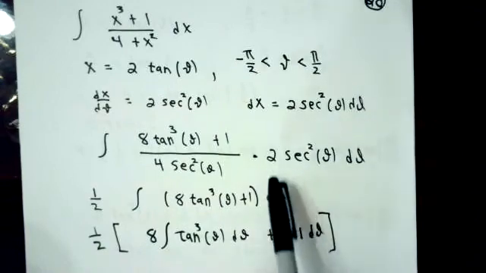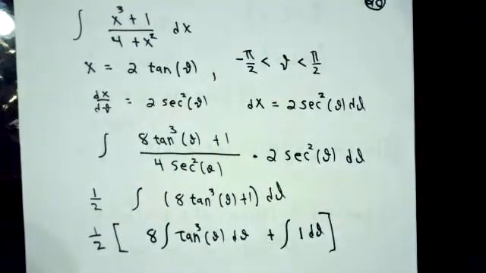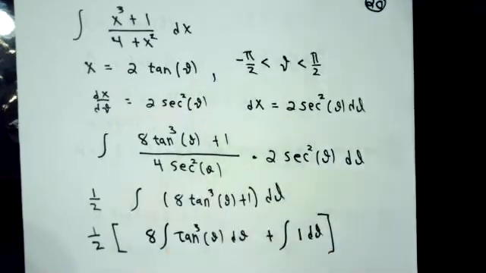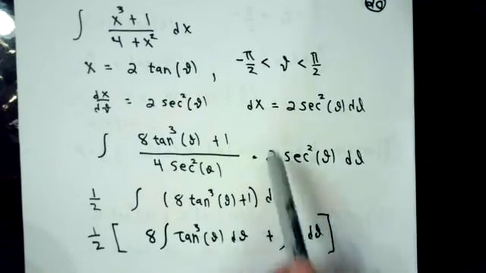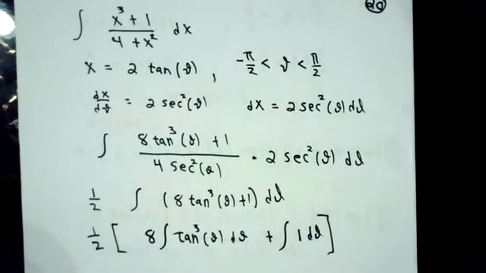The dx is 2 times secant squared of theta with respect to theta. And as I keep saying, that denominator is important, the part that goes with the differential, that is. It cancels out these 2 secant squared of thetas. I'm going to have a 2 here and a 4 there. That provides a factor of 1/2, which I'll pull out in front of the integral so that I don't have to mess with it anymore.